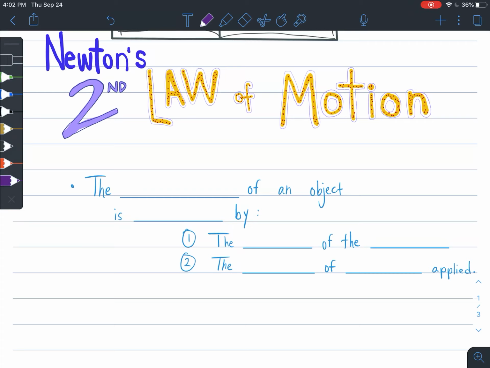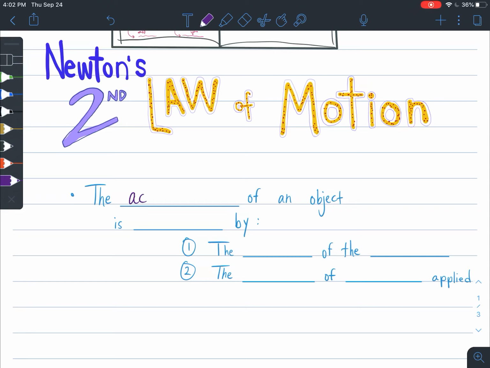So after learning about Newton's first law of motion, we're now going to move on to Newton's second law of motion. And it's the second of three total laws of motion that Isaac Newton is famous for identifying. So the second law of motion states that the acceleration of an object is going to be affected by two things.